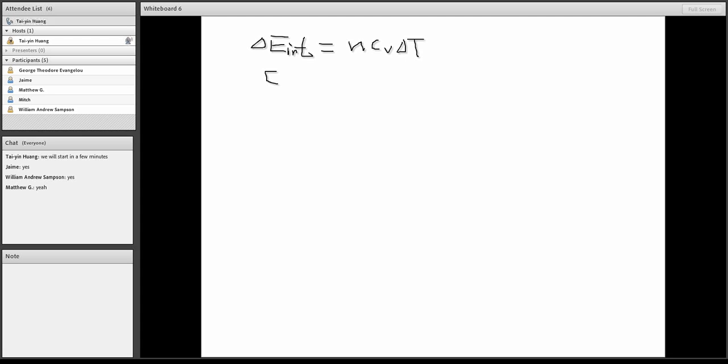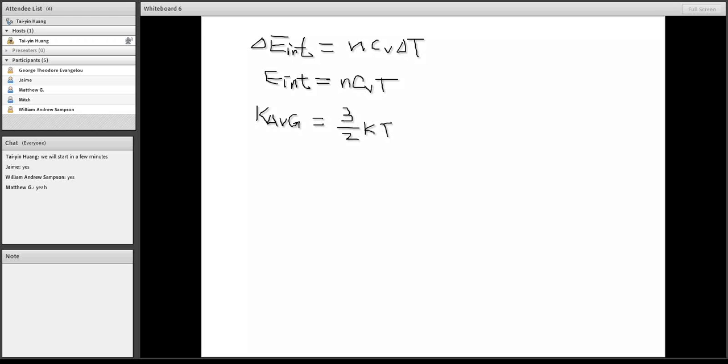So if you want to calculate internal energy, you can simply use the number of moles times the specific heat at constant volume times the temperature change. Okay, so that is that. And we also mentioned the kinetic energy. The average kinetic energy basically only depends on temperature, and that's 3/2 Boltzmann constant times the temperature.